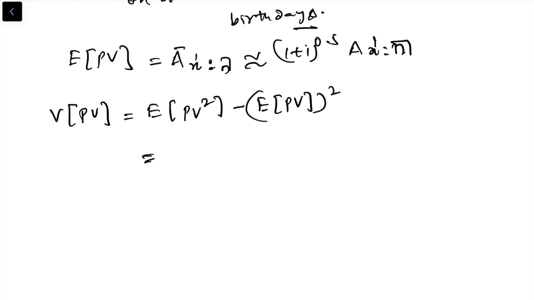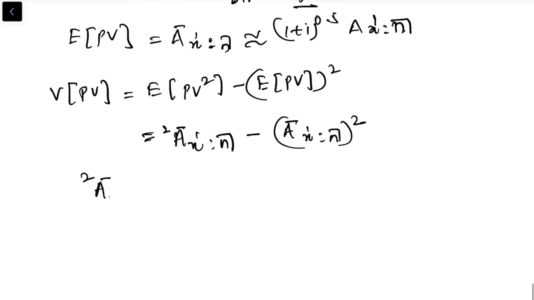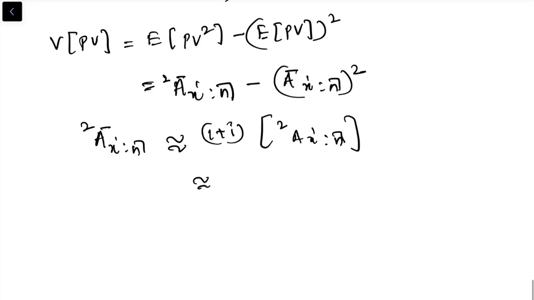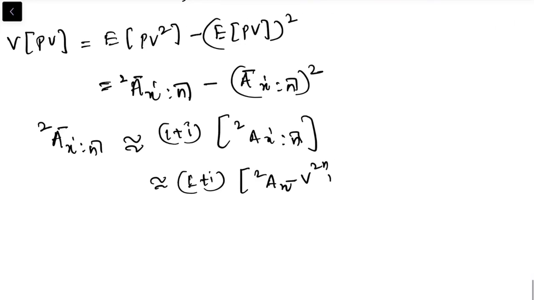Okay, and you can predict this formula. So this is 2A bar x:n minus A bar x:n whole squared, where A bar x:n is approximately equal to (1+i)^0.5 times A x:n. And this is approximately equal to (1+i)^0.5 times (A x minus v^n npx A x+n).